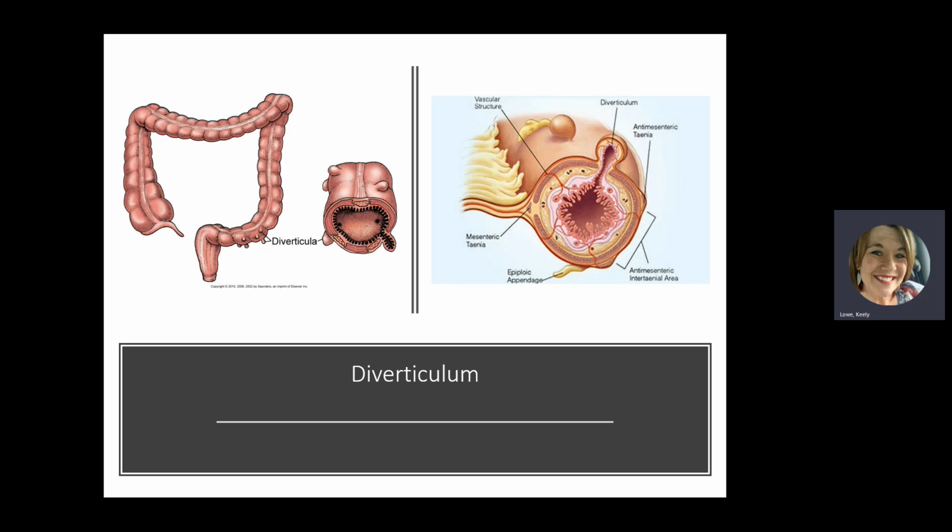Diverticula are due to pushing and pressure, kind of like if we kept stretching something, then that tissue would become flabby. These diverticula are little outpouchings that happen in the sigmoid colon because we've stretched it and stretched it from constipation and straining.